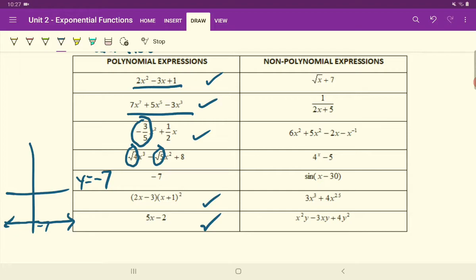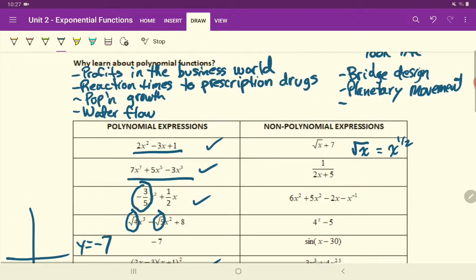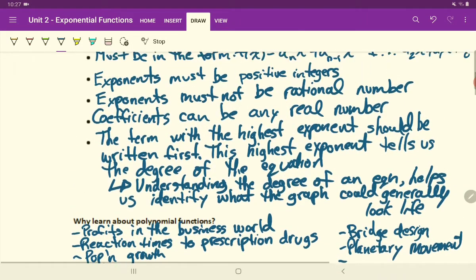In terms of non-polynomial, here we go. Why is the square root of x plus 7 not polynomial? Well, from the last unit, we know that the square root of x is equal to x to the power of a half. And again, what I had mentioned earlier is that you cannot have a rational number as your exponent. What I actually didn't mention above is that there can be no variables in the denominator, and that's something that we should add here as well.